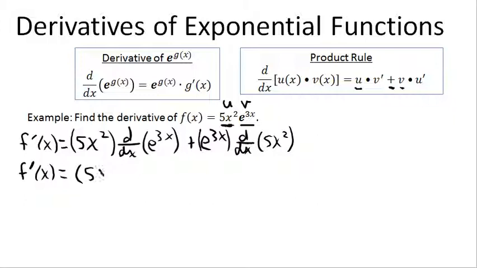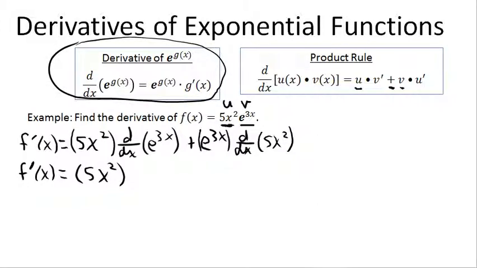So here we have 5x squared times. Now, the derivative of an exponential takes us back to this formula. According to this, the derivative of an exponential is the exponential multiplied by the derivative of the exponent. The g prime of x is the derivative of g of x.